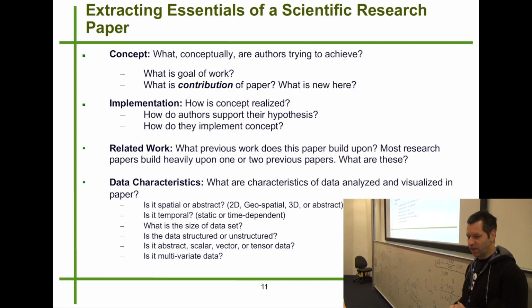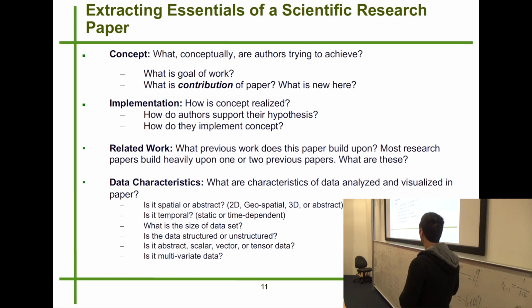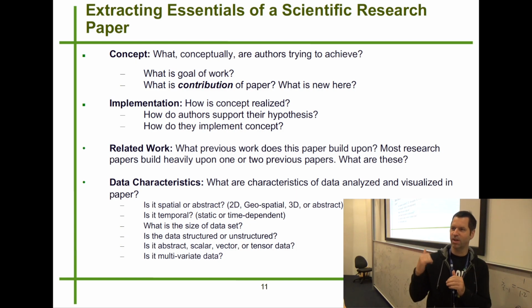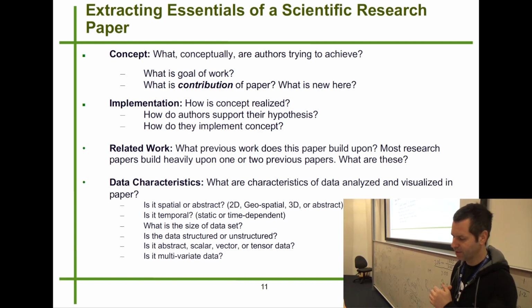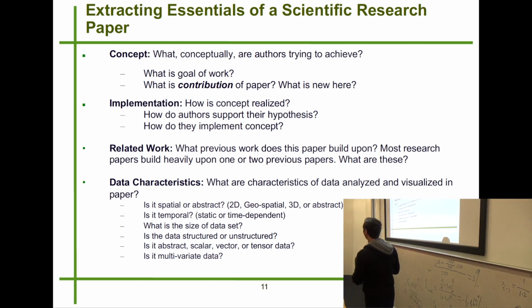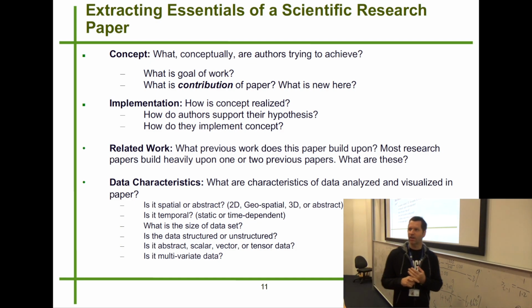Okay, so this is it. This is what you want to extract. So I give you a research paper and I say extract the essentials. You want to extract, number one, the concept of the paper. What is the idea of that paper?